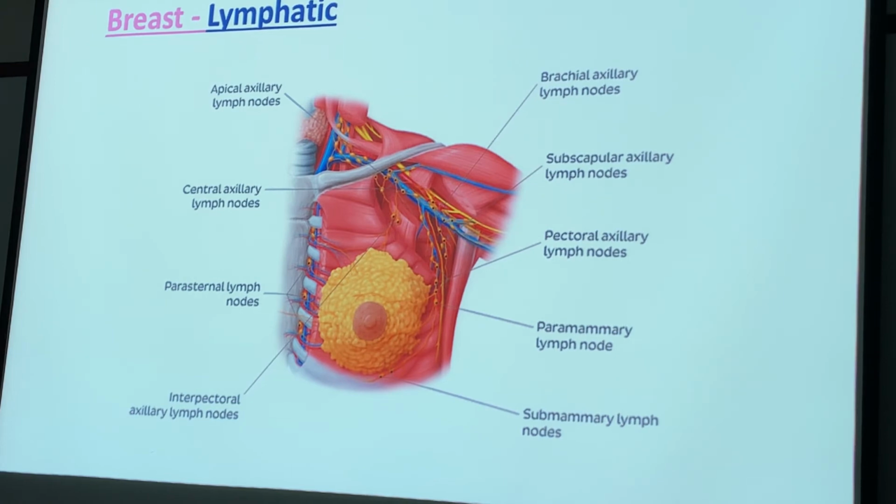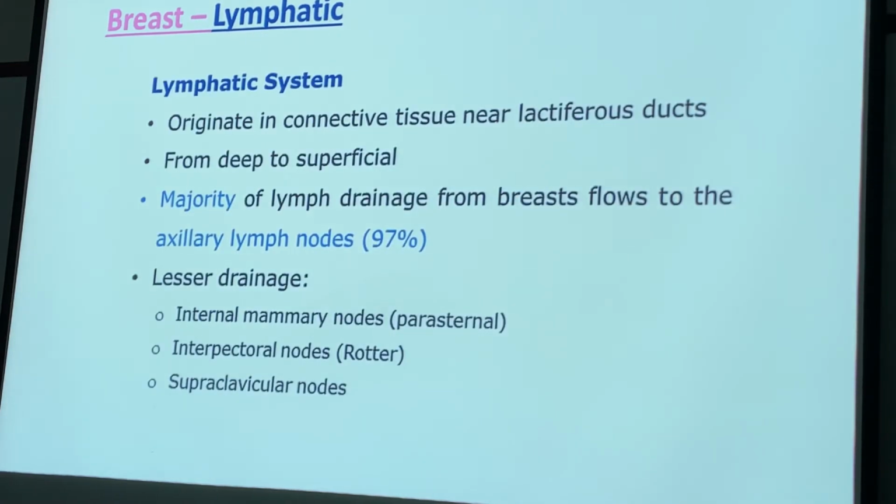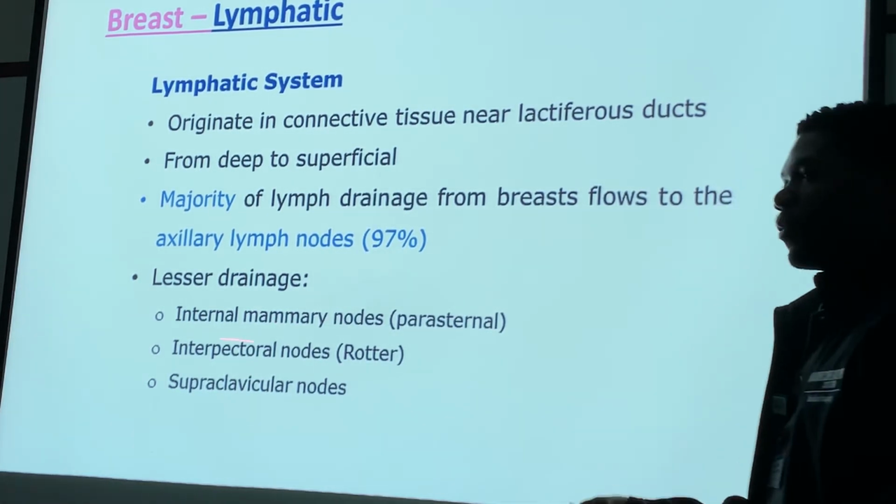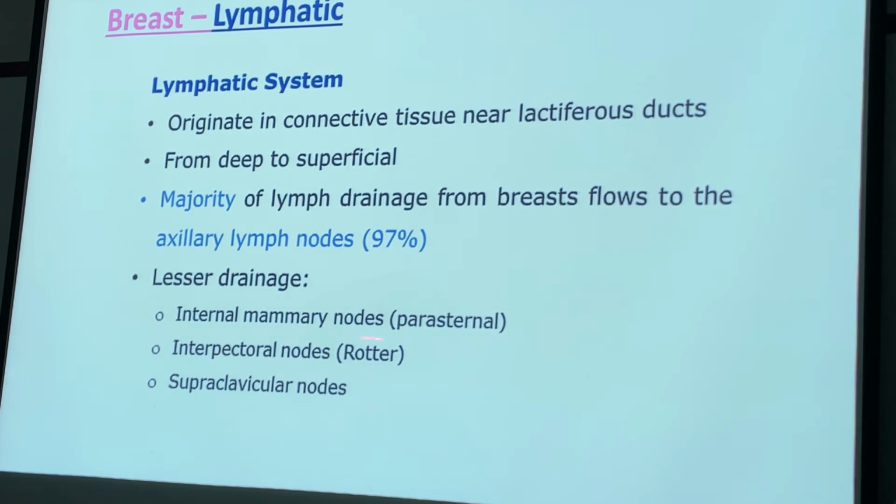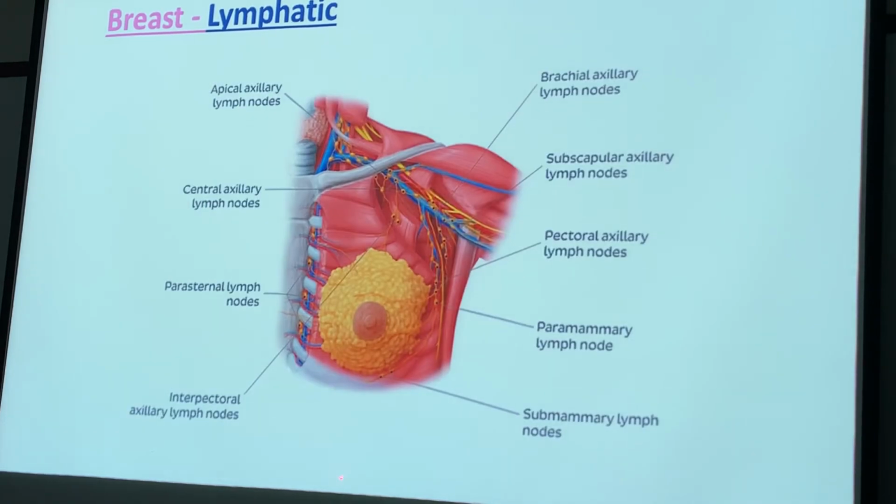So, it's important you know these alternate terms because you know I like them, right? Parasternal, also known as internal mammary nodes, and Rotter nodes, also known as interpectoral nodes. But 97% of breast drainage occurs in the axillary lymph nodes. We're talking about lymph.